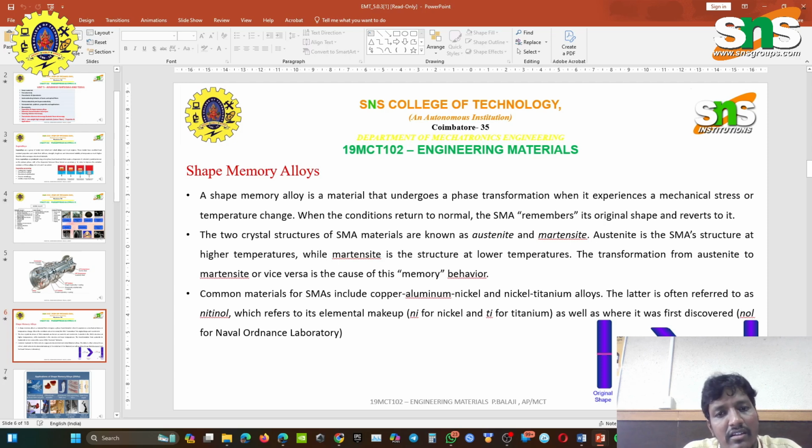When the condition returns to normal, the SMA comes back to its original position. SMA means it remembers its original shape and reverts to it. When you apply a load to the original material and then remove the force, with some heat treatment, it returns to its original position, as shown on the screen.